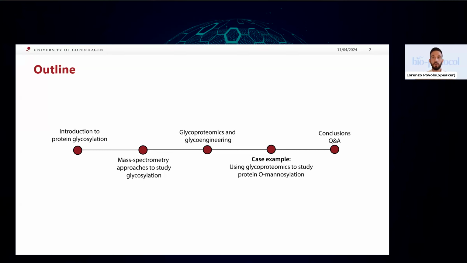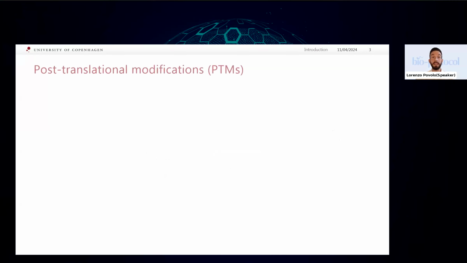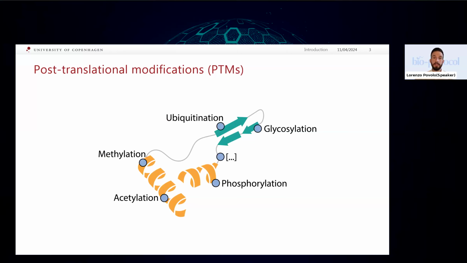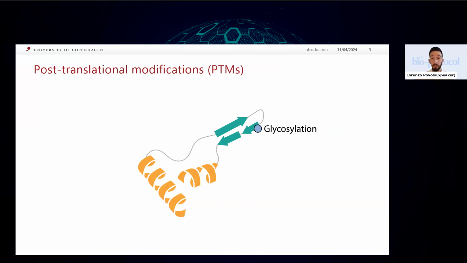I would like to start with the concept of post-translational modifications. Perhaps most people that work in biology are aware that a protein, after being translated in a cell, can undergo a multitude of modifications. The famous types of protein post-translational modifications are, for example, phosphorylation, acetylation, and, importantly for this presentation, protein glycosylation.